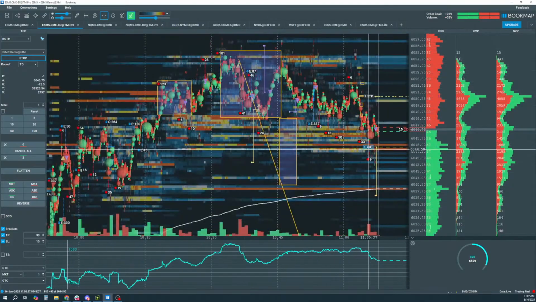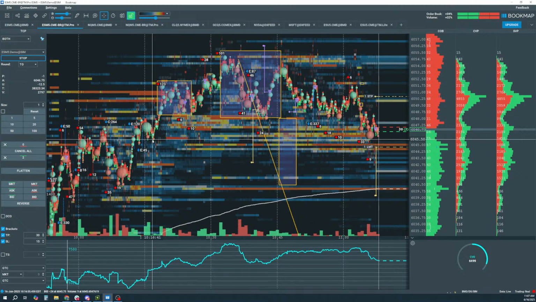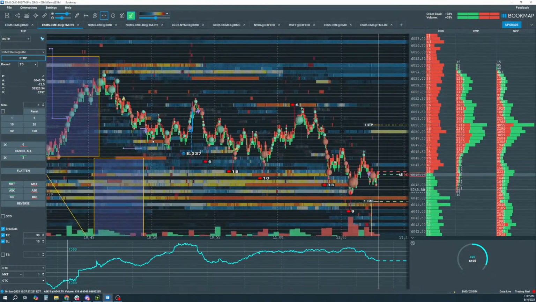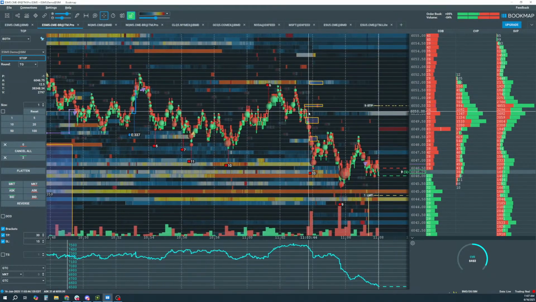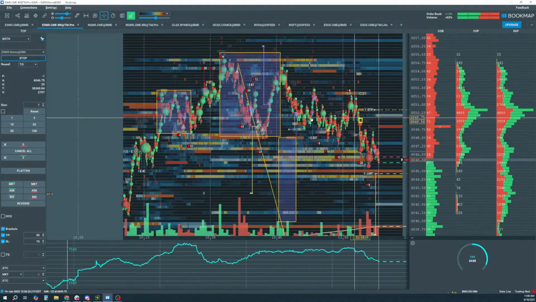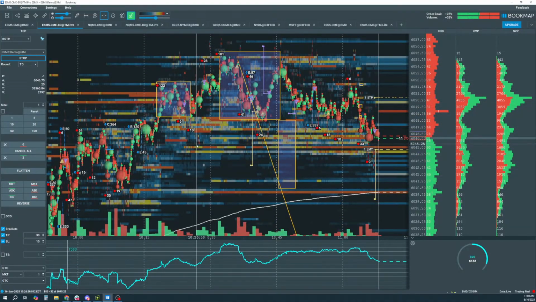All right, and then how does this liquidity level in here relate to this swing here, right? So it's maybe asking for a lot to break. We'll see.